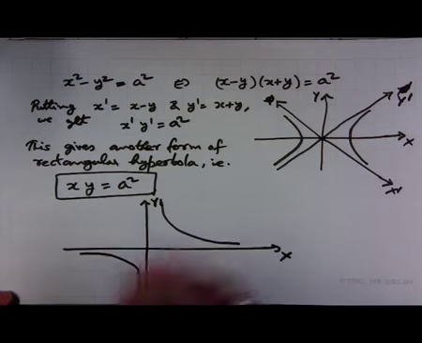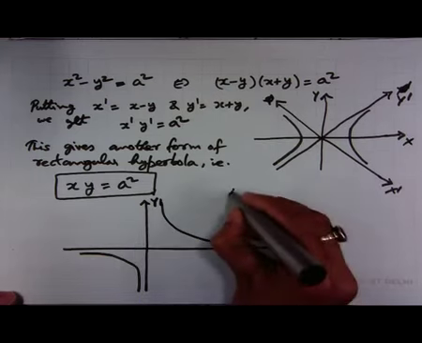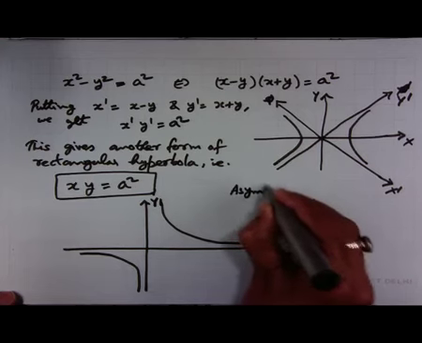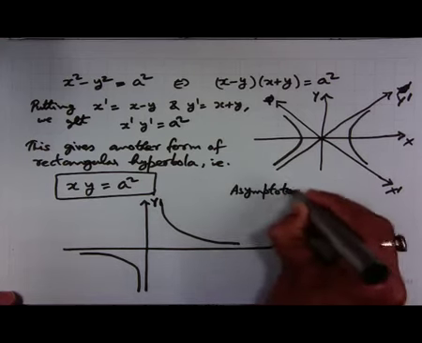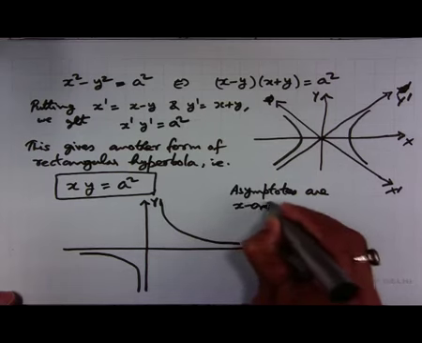So, here the graph is in the first and third quadrants and the asymptotes are the x axis and y axis.